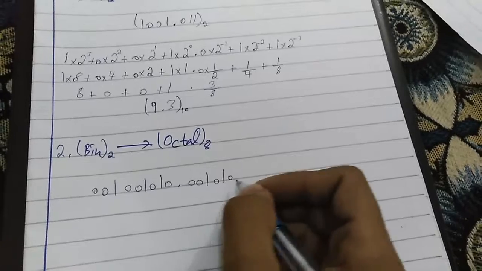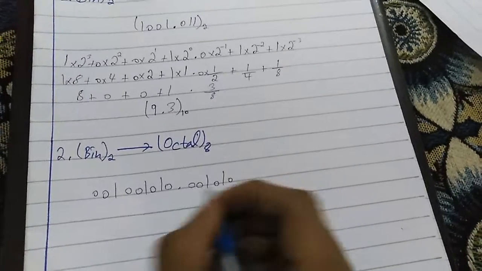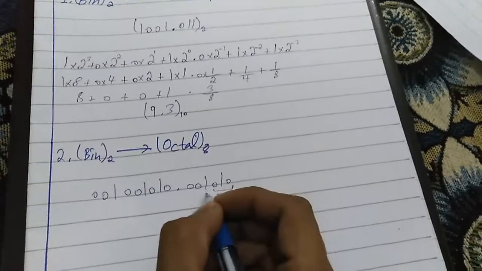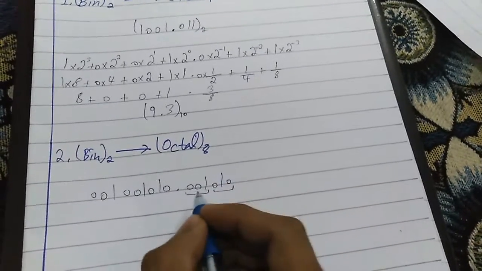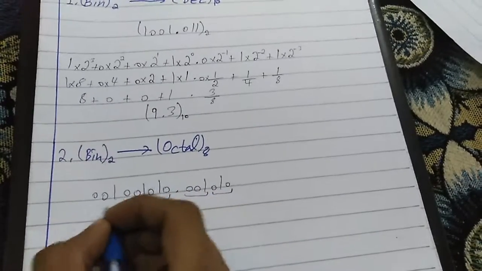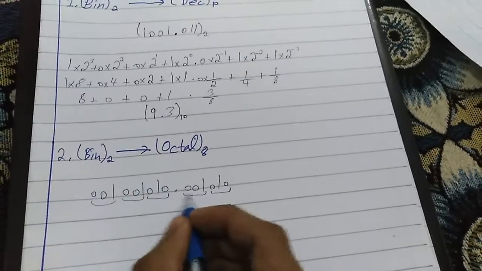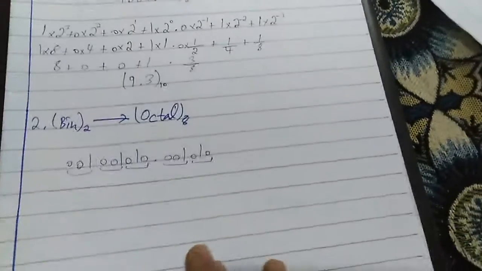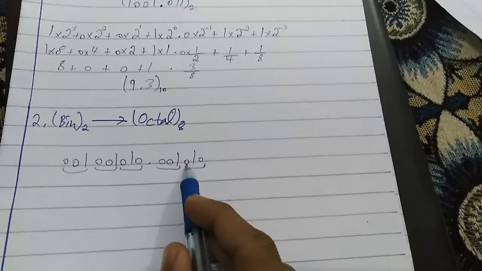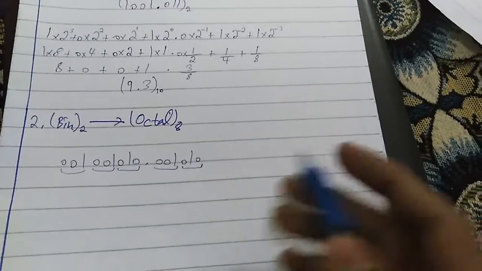We have to make groups from right to left, after the point or before the point, but start from here. Each group has 3 digits. There are 1, 2, 3, 4, 5 groups of 3. Why do we make groups of 3?